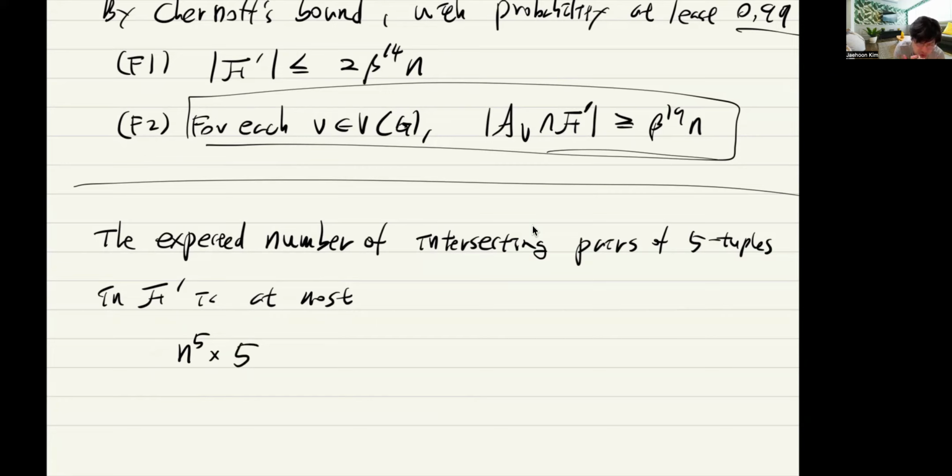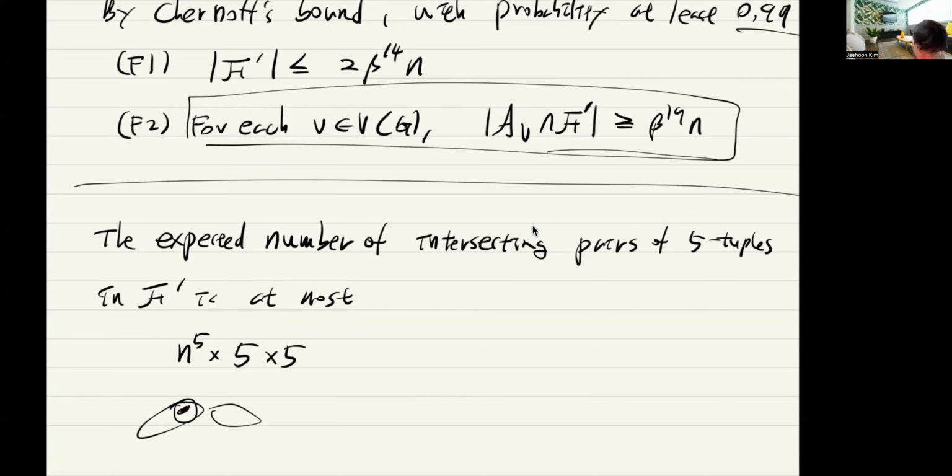In each tuple, you have x, a, b, c, d, and you choose one of them. For the other tuple, this one vertex can play the role of either x or a or b or c or d, so there are also 5 ways.